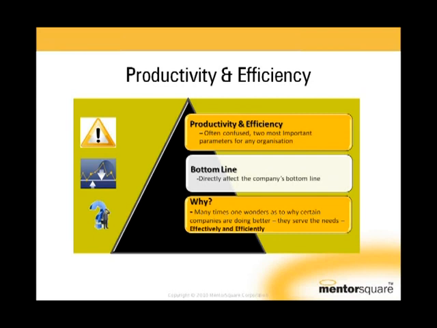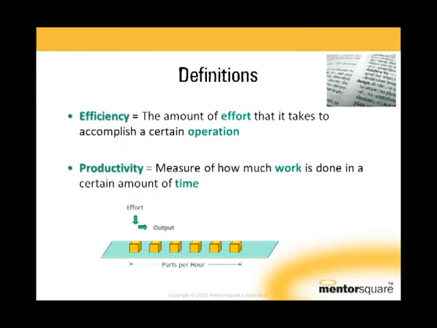So let's look at basics in terms of definitions. Of course, many of these parameters we need to always know a little bit of basics so that our fundamentals are very clear. So these are the two most apt definitions that I was able to find. Efficiency is the amount of effort that it takes to accomplish a certain operation or a task.